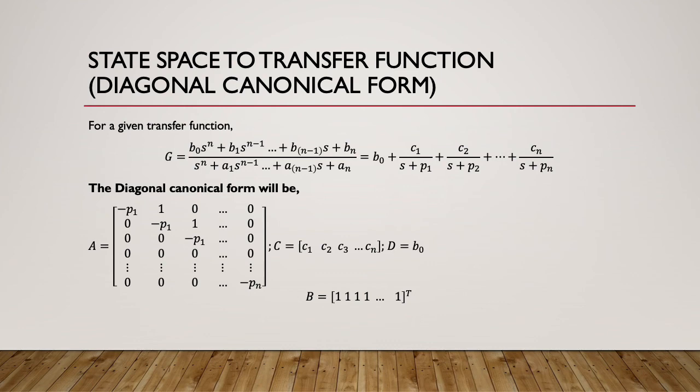All the poles p1, p2 and so on of your system will come inside the diagonal of the A matrix. Similarly, the C matrix will hold the partial fraction coefficients c1, c2 and c3, and the B matrix will be all ones. So this is called the diagonal canonical form.